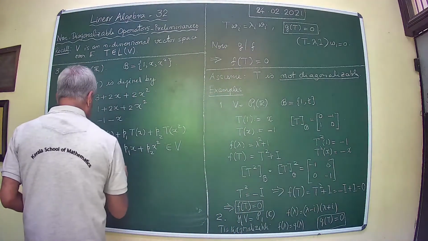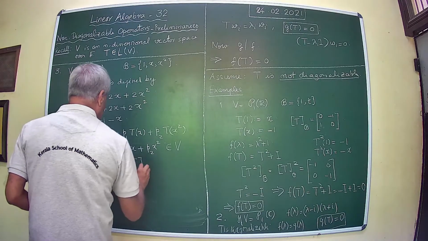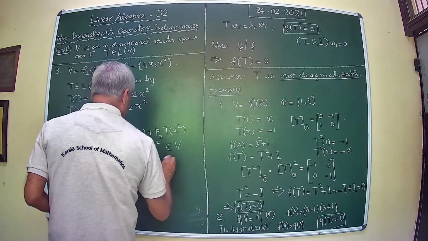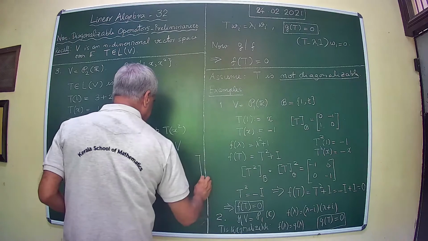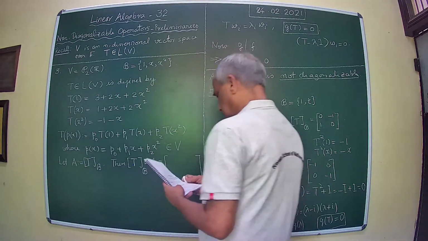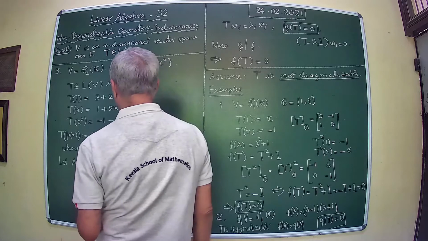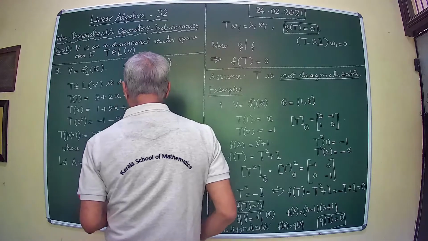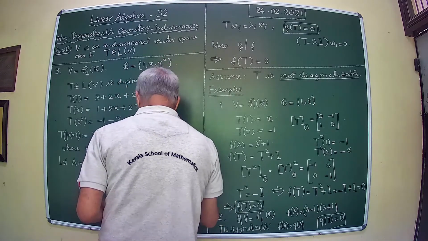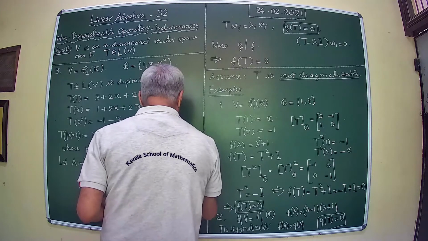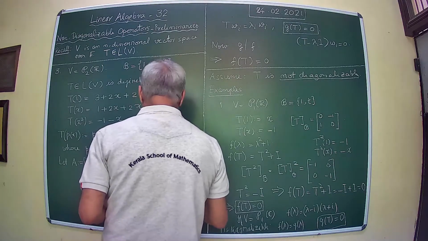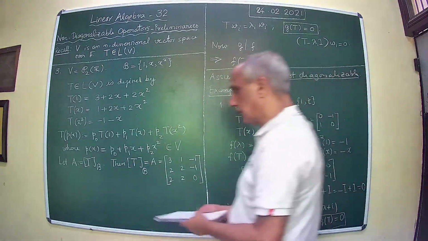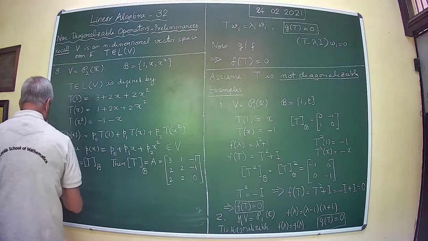Then T with respect to ordered basis B, which is equal to A, is equal to the 3 by 3 matrix, 3, 2, 2, that's the first column, 1, 2, 2, and 0, minus 1, and 0.